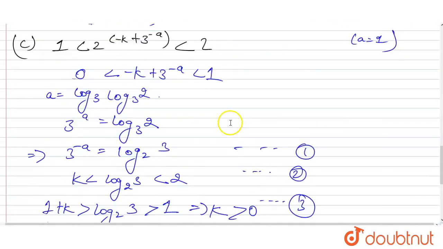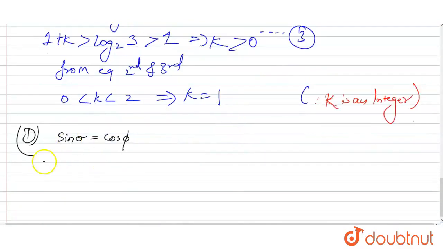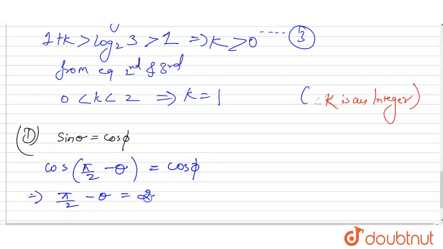Cos of (pi by 2 minus theta) will be equal to this, right? Where pi by 2 minus theta is equal to 2n pi plus or minus, n belongs to the integers.